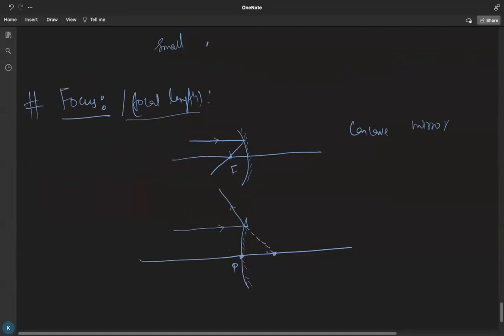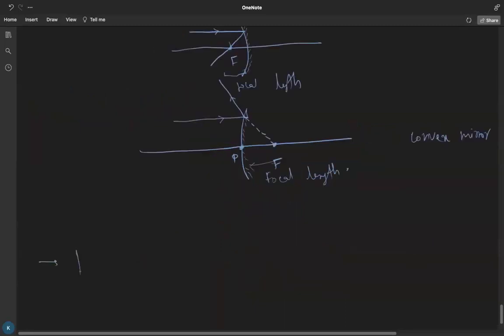We already discussed this kind of rays, like real object, virtual object, real image, and virtual image. So this is our focus, and this length is termed the focal length. This is for a convex mirror.